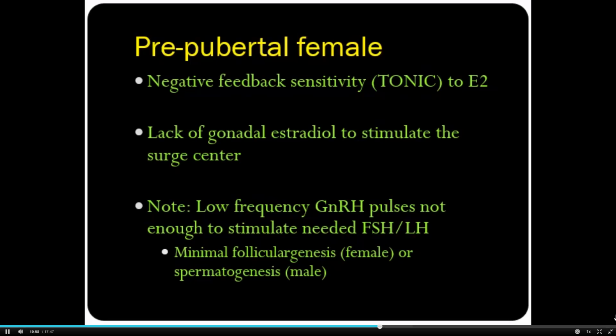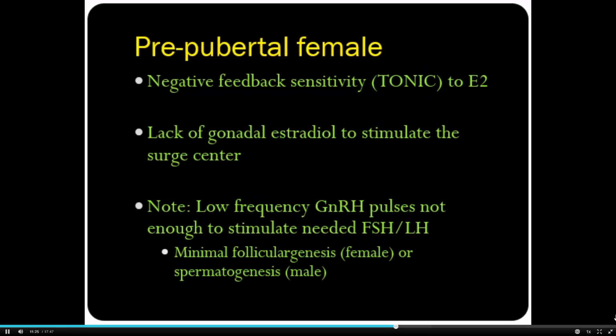We're not getting follicular growth, so it's not causing the cascade of GnRH, FSH, and LH. We don't get the typical response. So what appears is that there's not enough gonadal estradiol to stimulate the surge center. Obviously there are low levels of estradiol. There's a negative feedback sensitivity in the tonic center, so it's not allowing for expected levels of GnRH and FSH, LH.